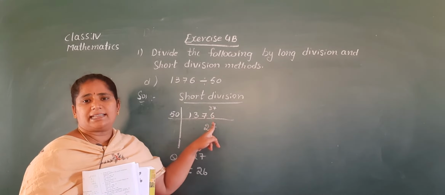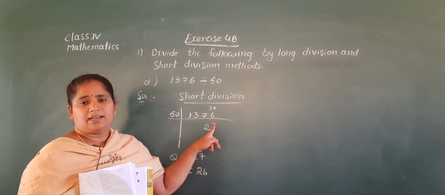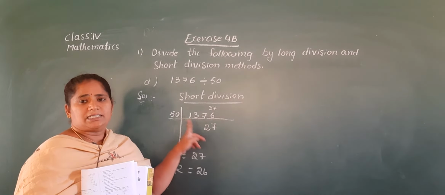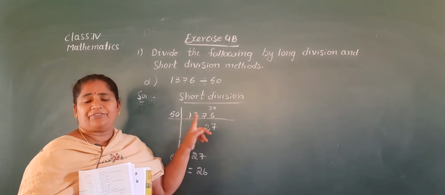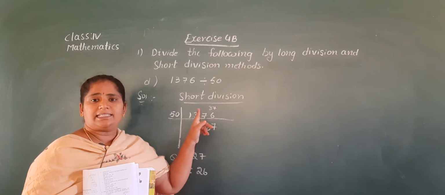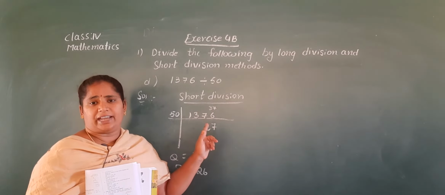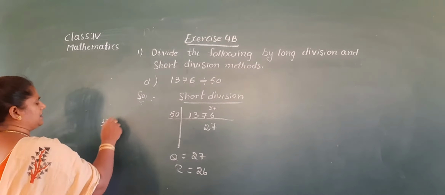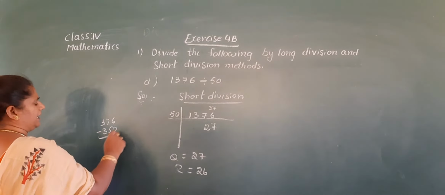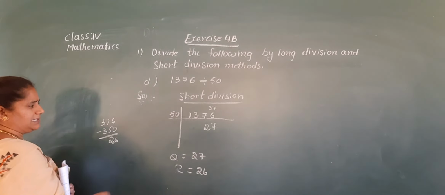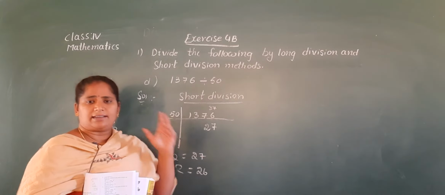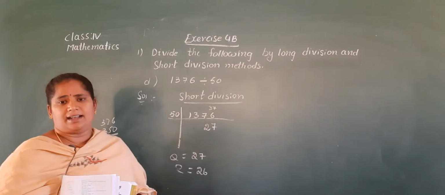So the number is 376. If you take 7 times, 7 5s are 35, 350 comes. So 376 minus 350 gives the remainder 26. So we do this calculation in our mind and write the answer.